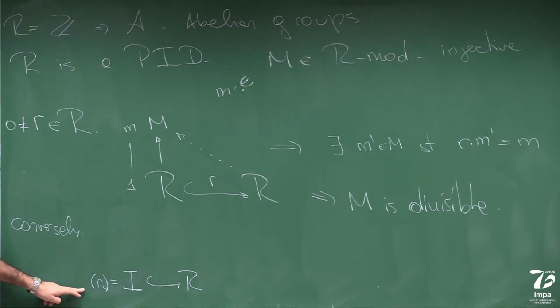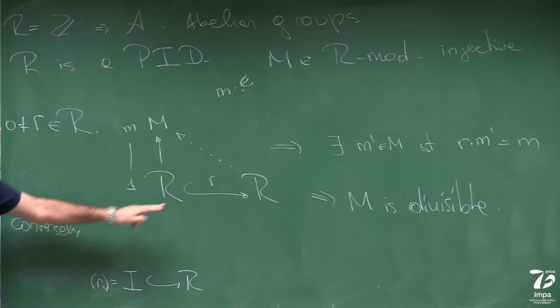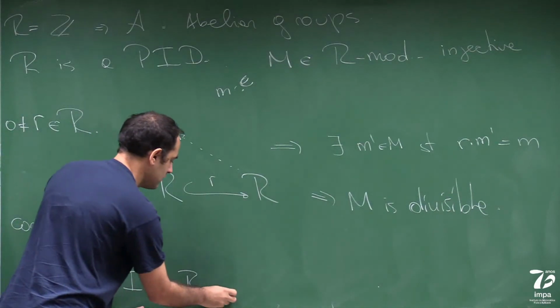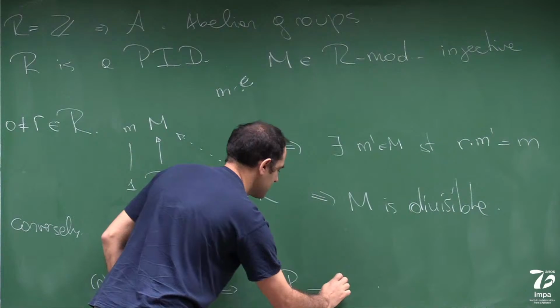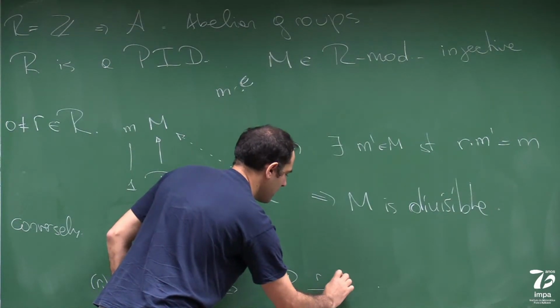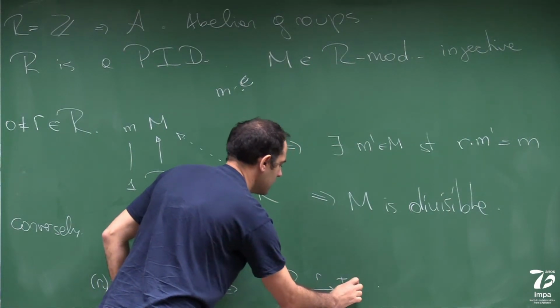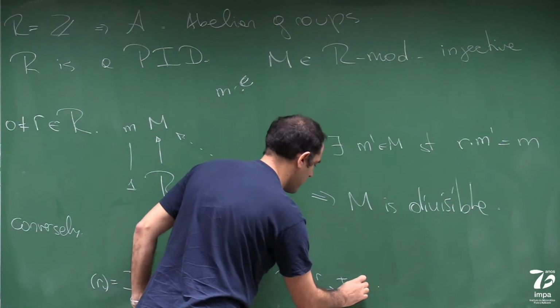So this means that this ideal is the image of multiplication by r. Means that if I look at this, I land on I, which is inside of R.